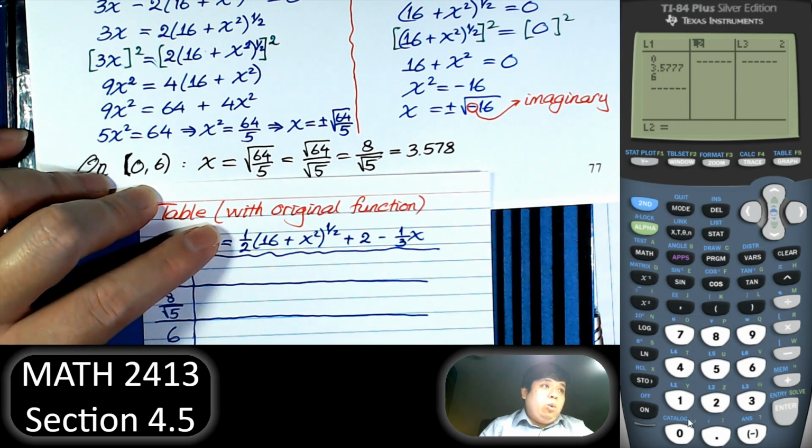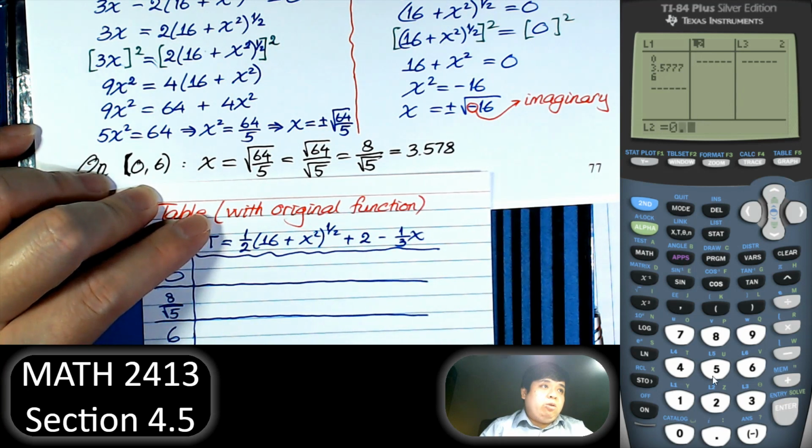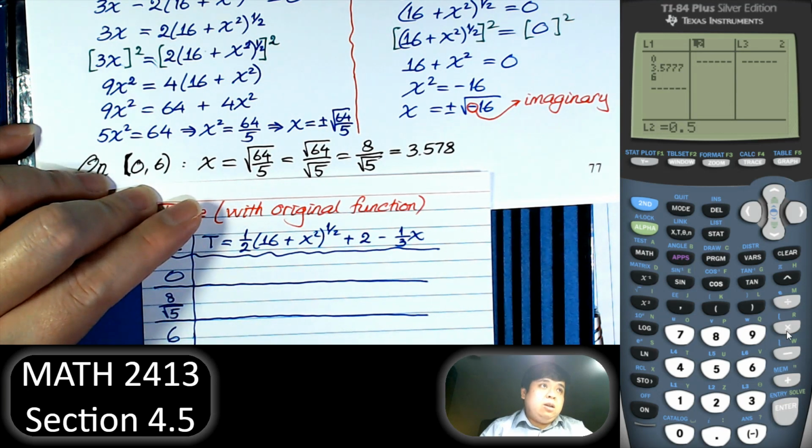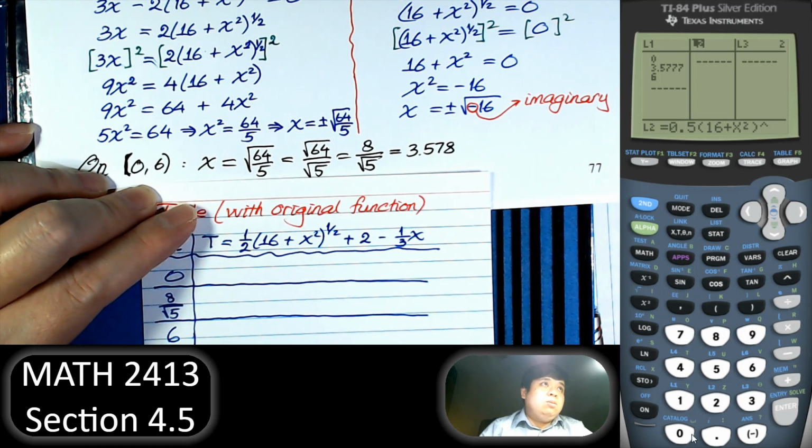In L2, we have 1/2, which is 0.5, times 16 plus x squared to the 1/2, plus 2 minus 1 over 3 x.